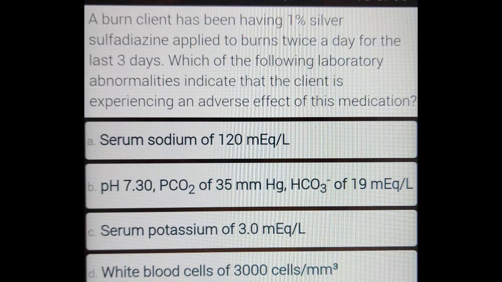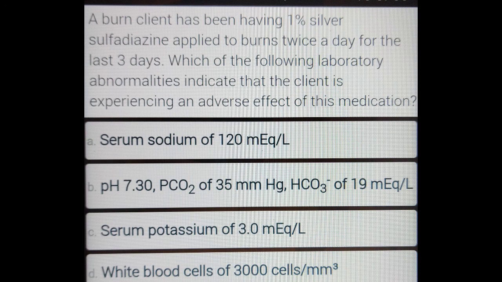Now we can move to one question related to this point. Our question is, a burn client has been having 1% silver sulfadiazine applied to the burn twice a day for the last 3 days. Which of the following laboratory abnormalities indicates that the client is experiencing an adverse effect of this medication?